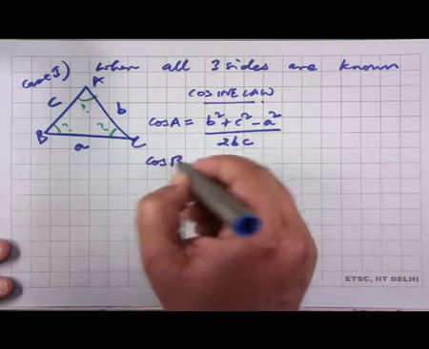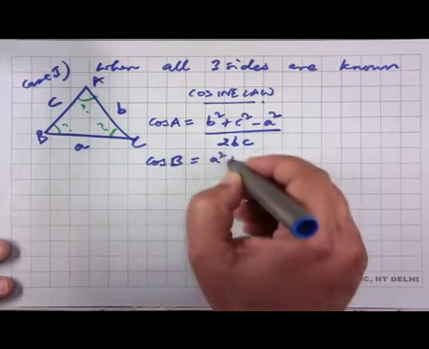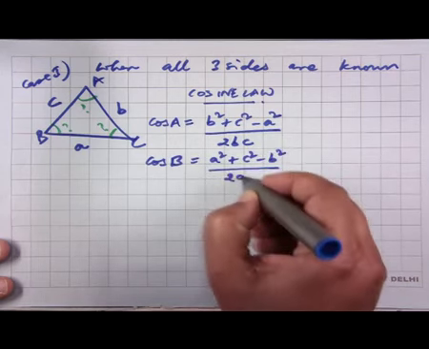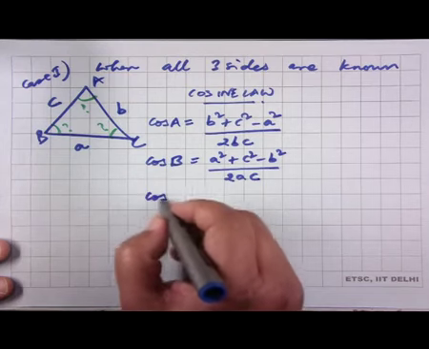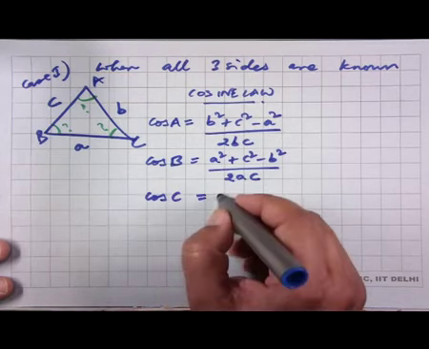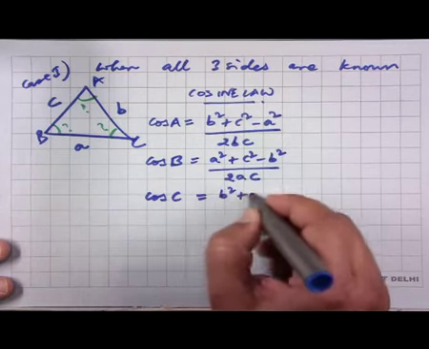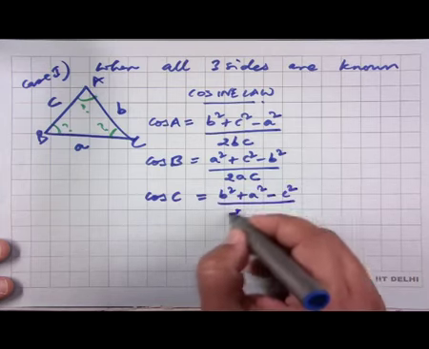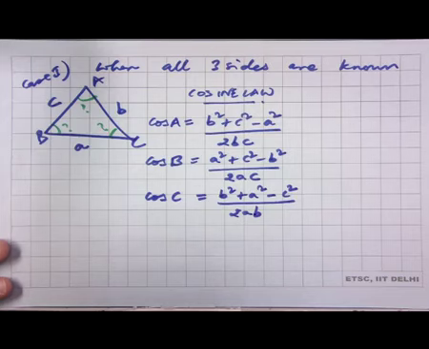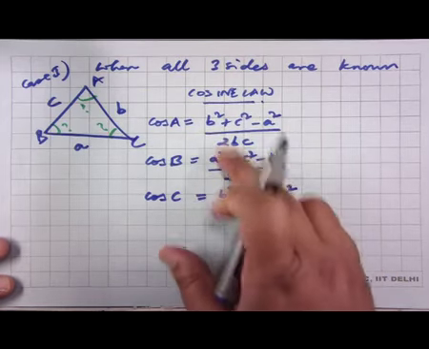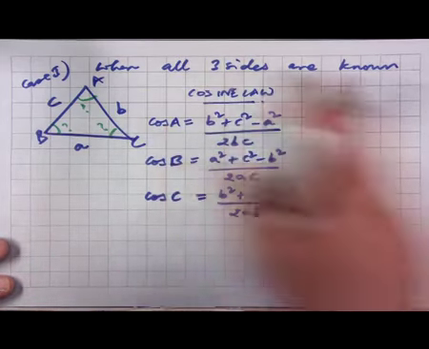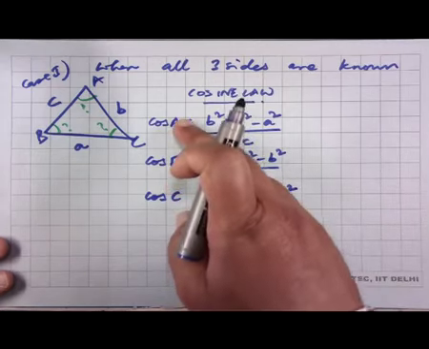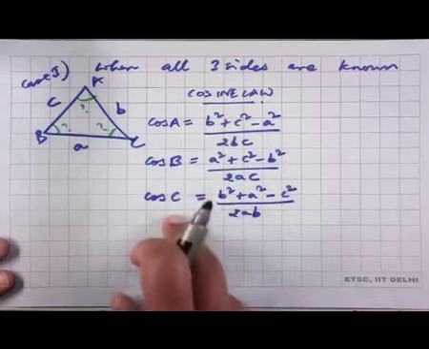Cosine of angle B is A square plus C square minus B square by 2 AC, and cosine of angle C is B square plus A square minus C square upon 2 AB. Now, since A, B and C are all given to us, we can find the value of the cosine of all the 3 angles.